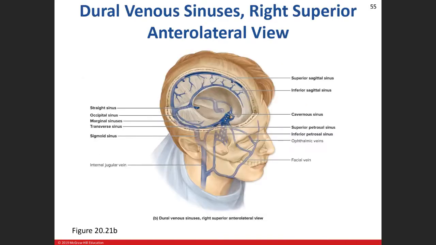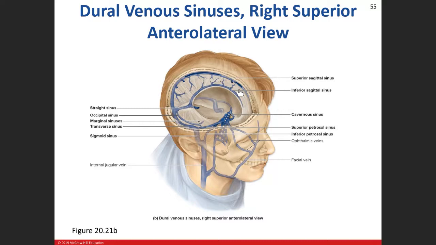So let's take a peek. This should probably come back to you, seeing some of this stuff here. These blue vessel-like structures represent those spaces. On the top portion, along the sagittal area, that's our superior sagittal sinus, and below we have our inferior sagittal sinus.